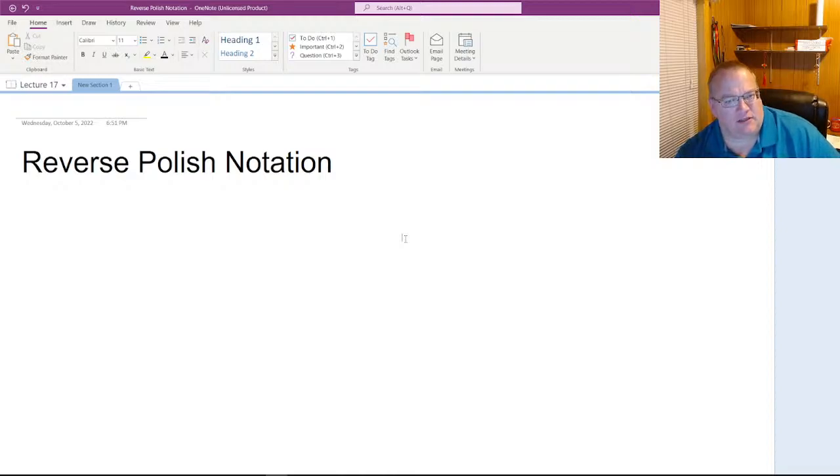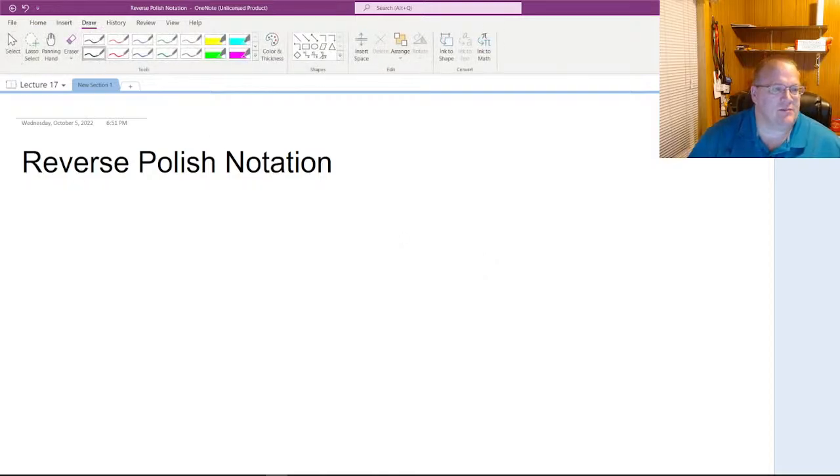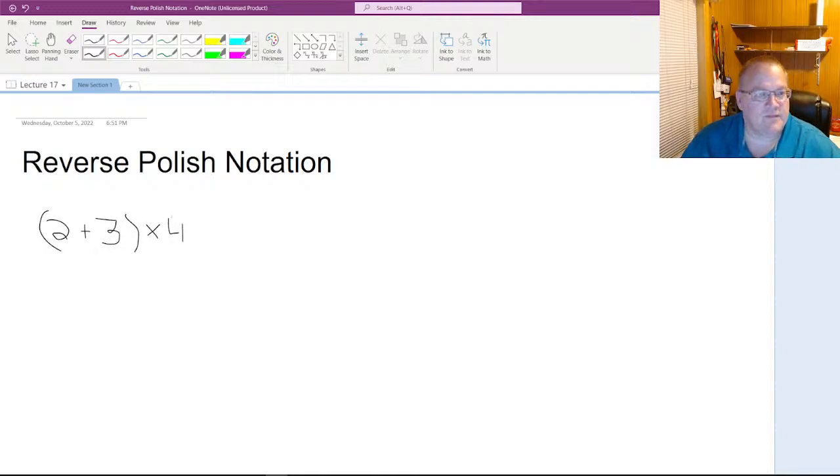They recognized fairly early in computers that there's a problem with the way we write formulas. So let's just do a simple formula, like 2 plus 3, quantity times 4, equals.